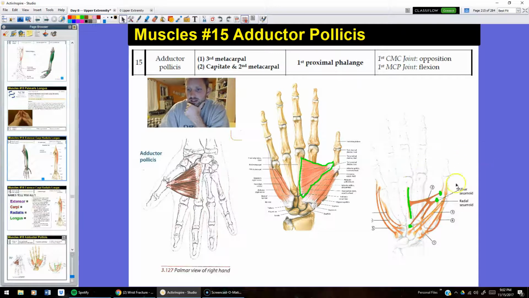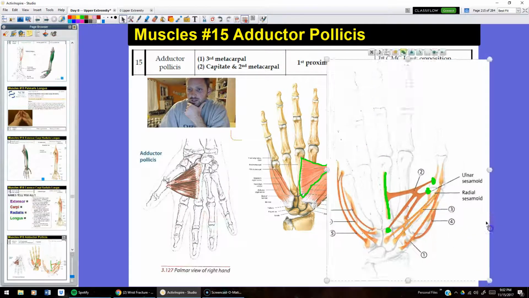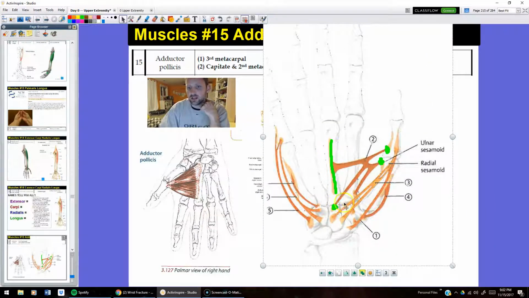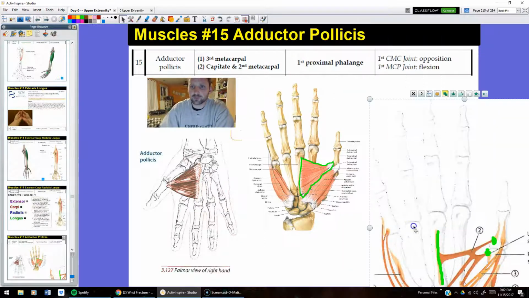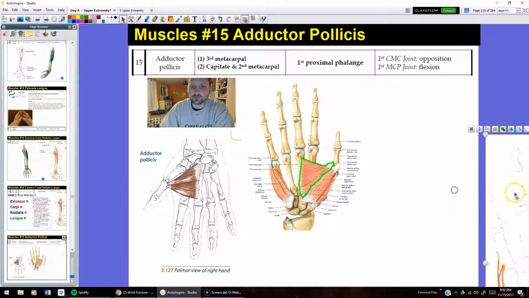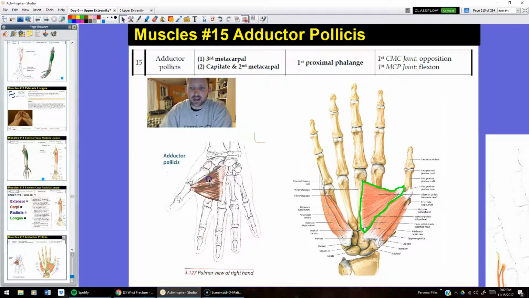So if you guys can see this diagram, let me make this on top. You guys will see the origin points here, and it actually goes on the second metacarpal as well, and it inserts over to this first proximal phalange right here in green. So that is the adductor pollicis. We'll build this in class.